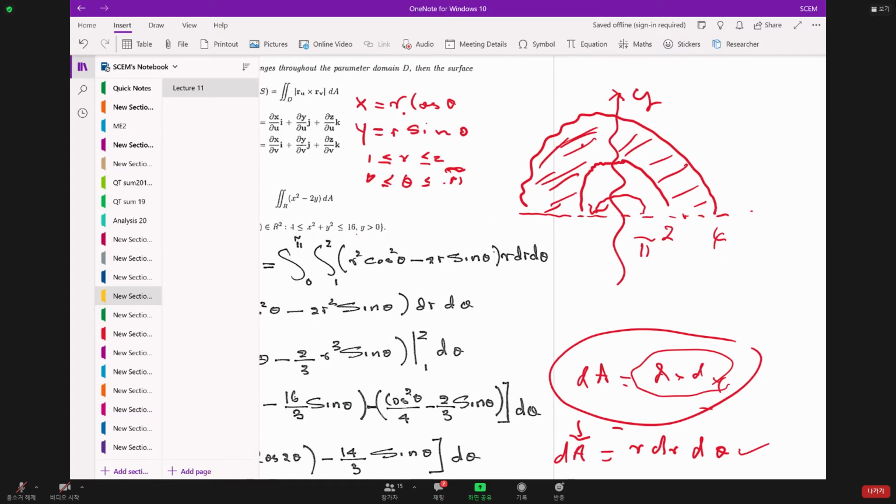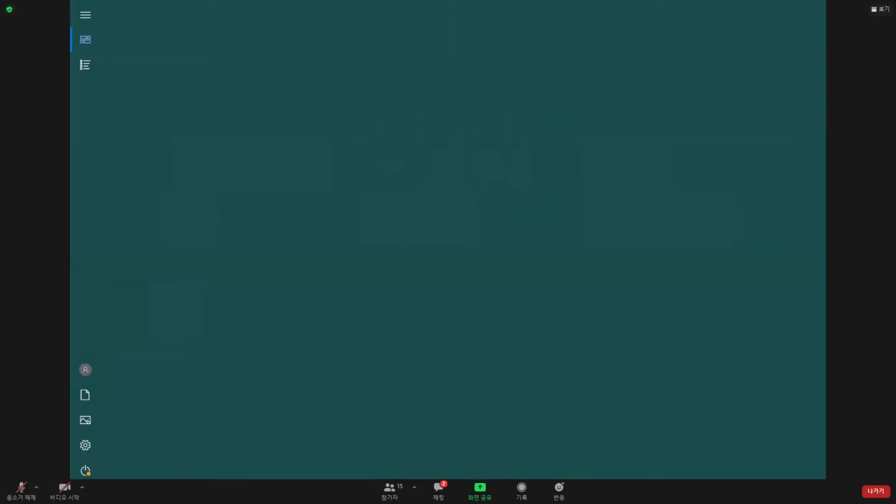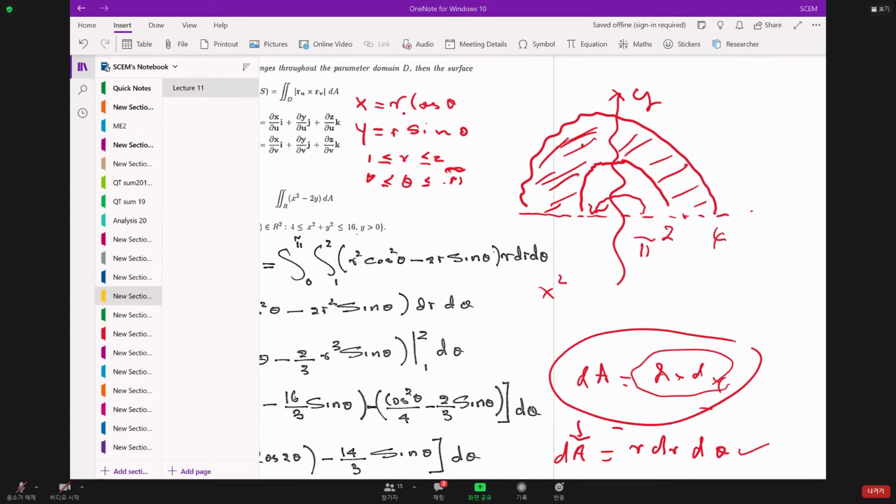This is 4 to 16. Really, in this problem, you corrected me. The problem should have been x squared plus y squared is less than or equal to 4, greater than or equal to, how much was it? 1.